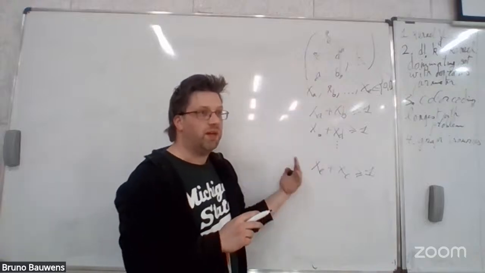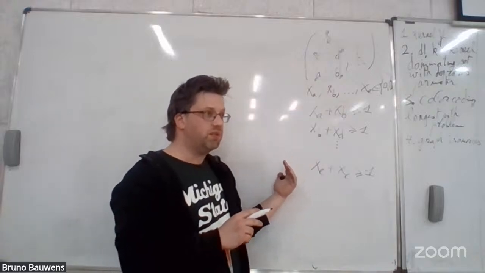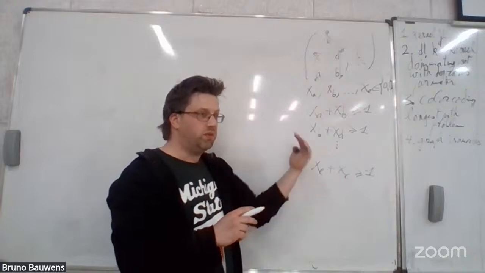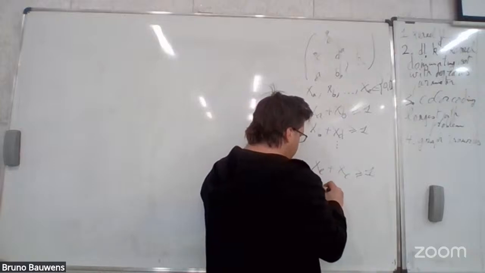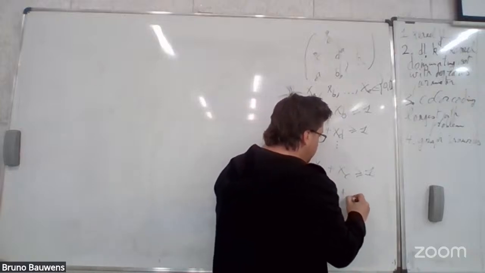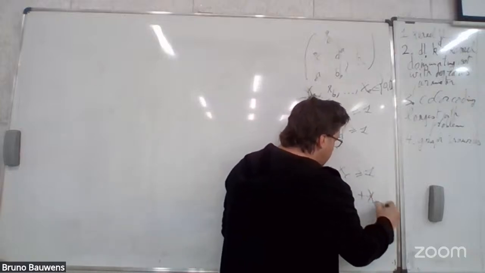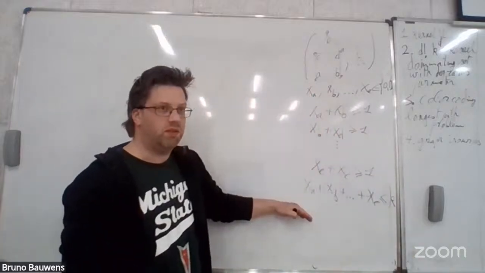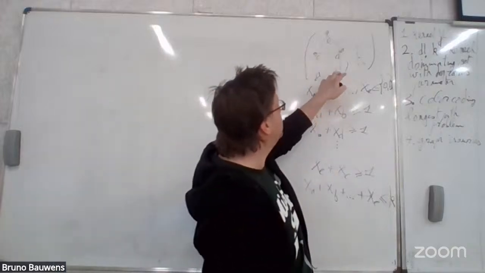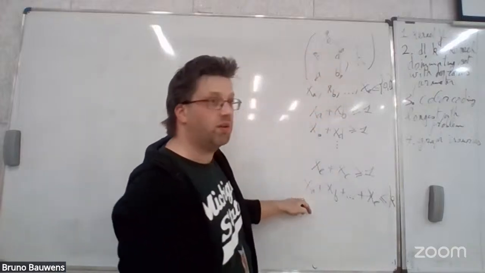So we need to require the vertex cover is of size at most k. So, yeah, sum, exactly. XA plus XB plus up to XE is at most k. So that's our, in this case, we have 6 edges and 7 inequalities.